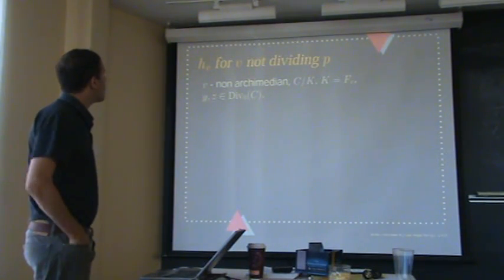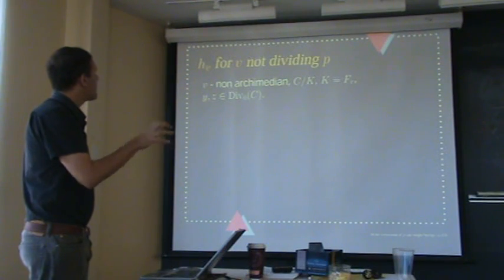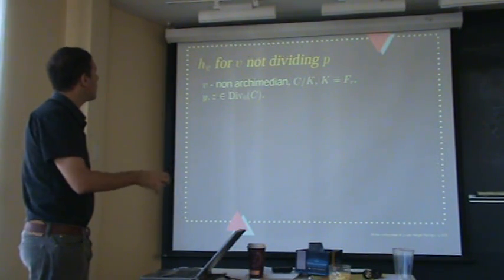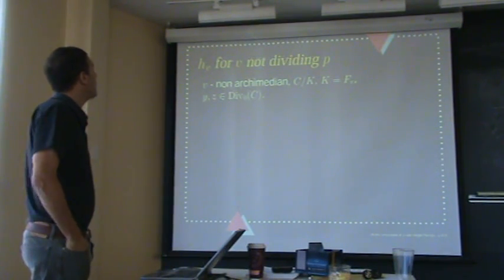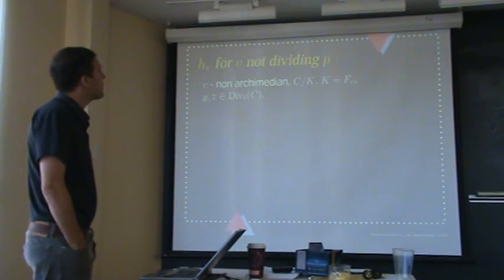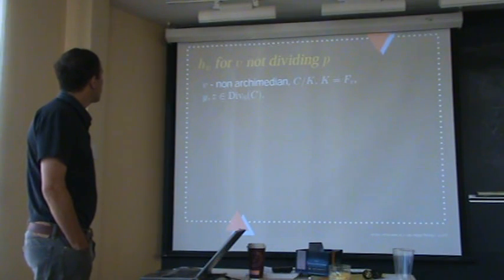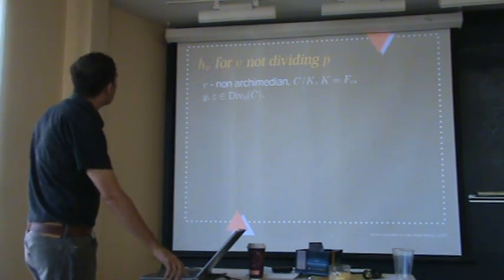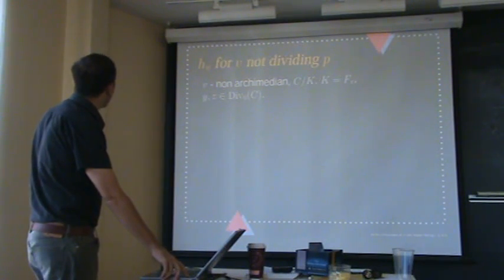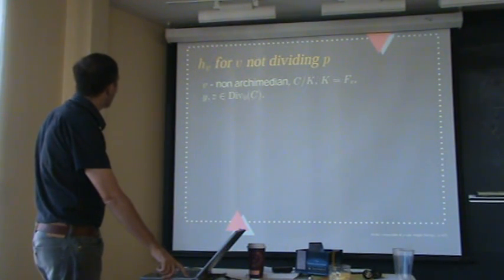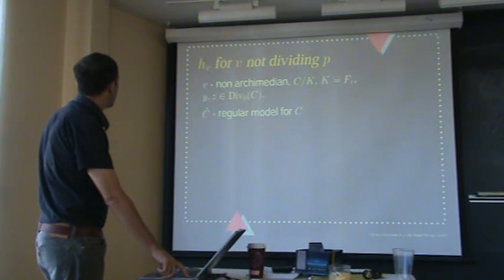Now I'm going to specialize, so everything specializes to a local field situation. You now take a curve over a local field, the completion of F at v, and you look at two degree zero divisors on C, and what I probably forgot to mention is that the support should be disjoint.